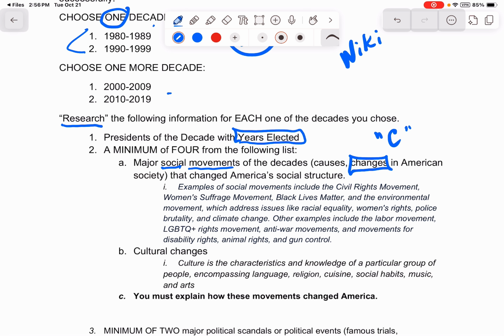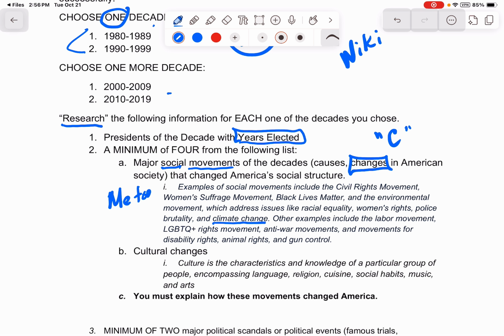Examples of social movements include civil rights, women's suffrage. We could say the Me Too movement, Black Lives Matter, the environment, racial equality, women's rights, police brutality, climate change. Some of y'all are really big on climate change.